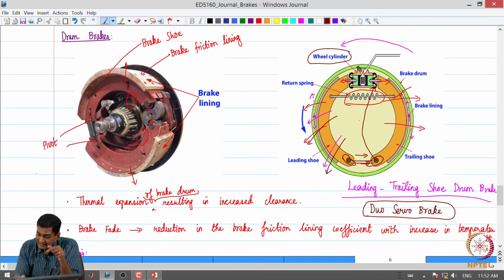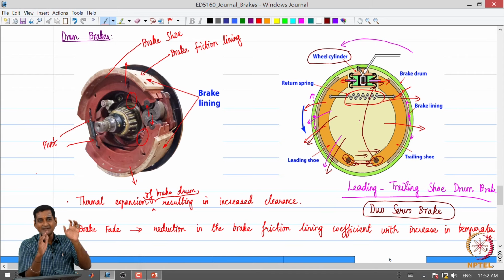When the leading shoe is pulled in, this pivot essentially travels a little bit in the slot and tries to apply a force through this link on the trailing shoe. So, the trailing shoe is pushed from the top, and it is pushed from the bottom.